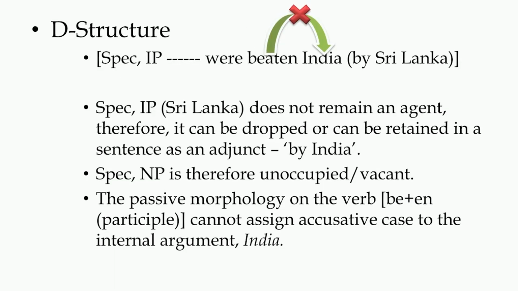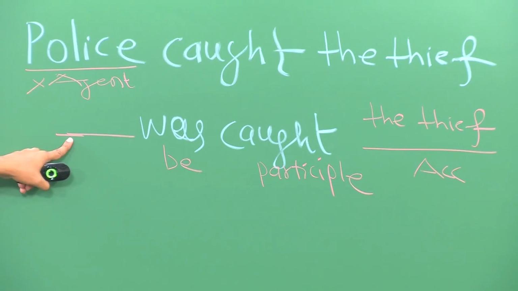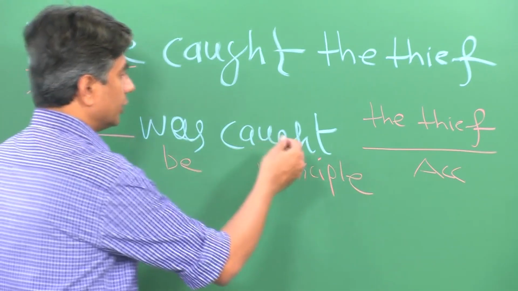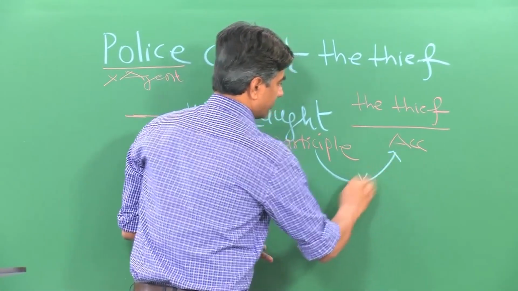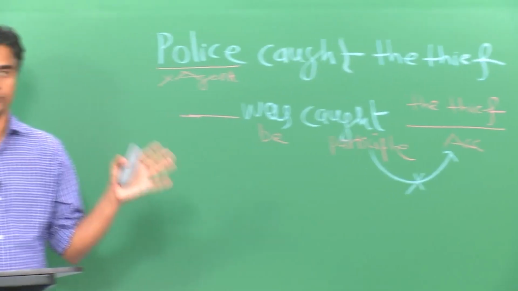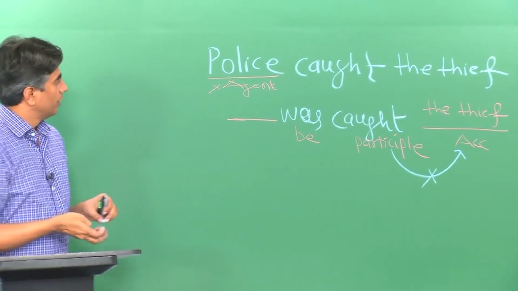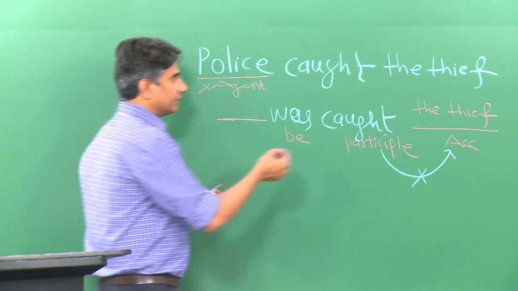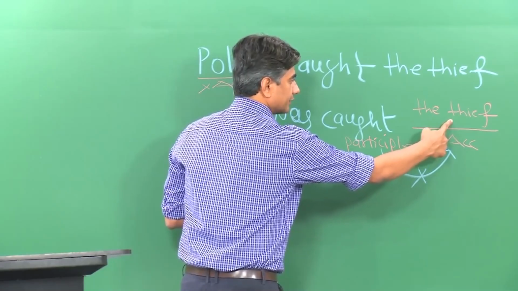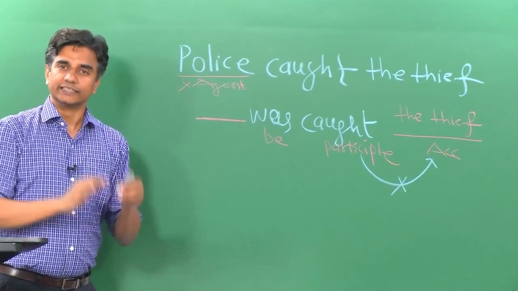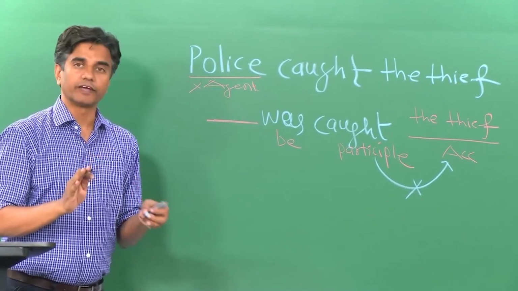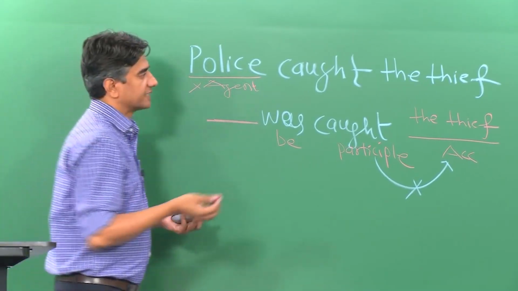As a consequence, in the passive verb we have the spec of IP position empty, and the object NP is not getting case because it's not allowed. So this NP is caseless and this position is empty. This is the motivation for movement of an NP in the passives.